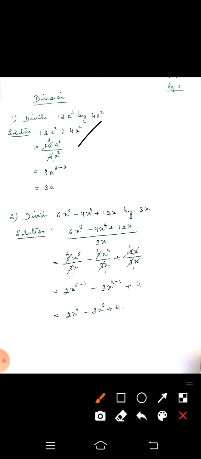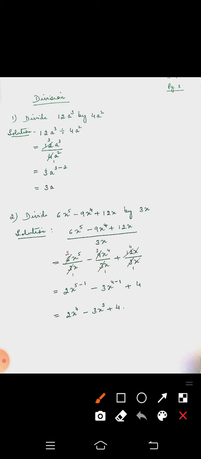Okay, 12a cube by 4a square. Okay, now when you have written it, the numbers get cancelled. Here 12 by 4, so 4 ones are 4 and 4 threes are 12. Okay, now the expression remains as 3a cube by a square.